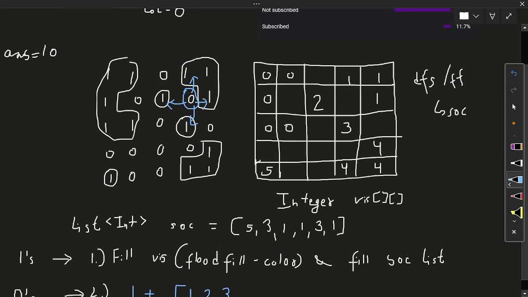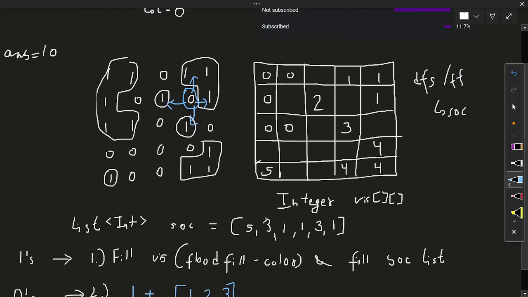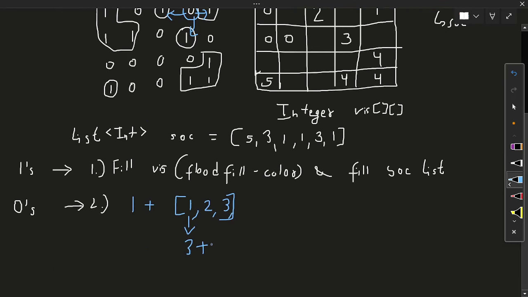Then this component, we have already considered while going in the upward direction, so we don't have to consider it again. So that's it. We can consider 3 components. So 1 size is 3, then 2 size is 1, 3 size is 1. So now its total is 6, which is not the maximum. So let's move to the next 0.